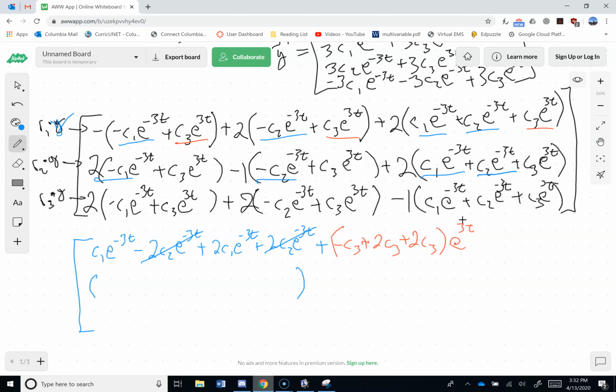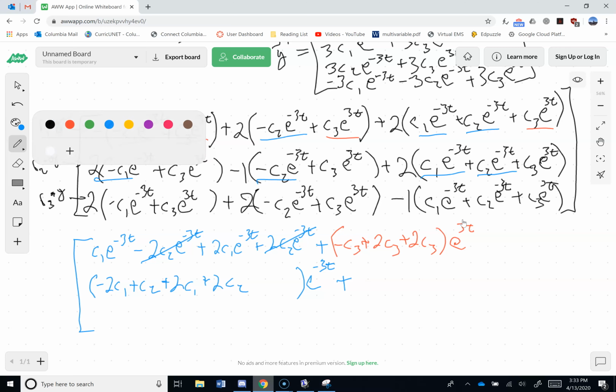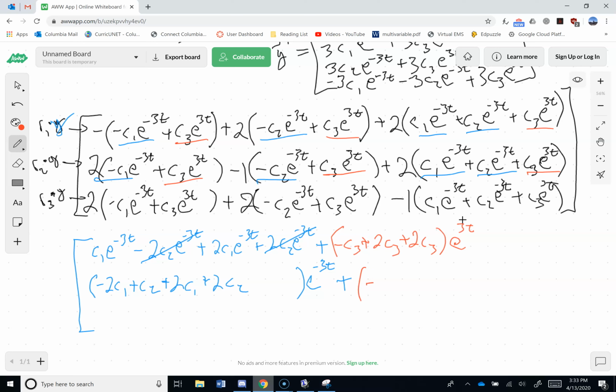Let's see. Okay, so second row, e to the minus 3t's. I have minus 2c1 plus c2 plus 2c1 plus 2c2. Then second row, e to the 3t's, I have a plus 2c3 minus c3 plus 2c3.